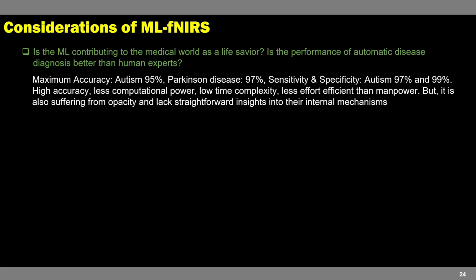For example, for autism you can get around 95%, for Parkinson's disease diagnosis maybe 97%, with similar sensitivity and specificity. This is high accuracy, with less computational power and good efficiency. But why is it still not used in the clinic? Because machine learning is still like a black box. Even when the classification did well, we cannot explain why it happened. So that is the question here.